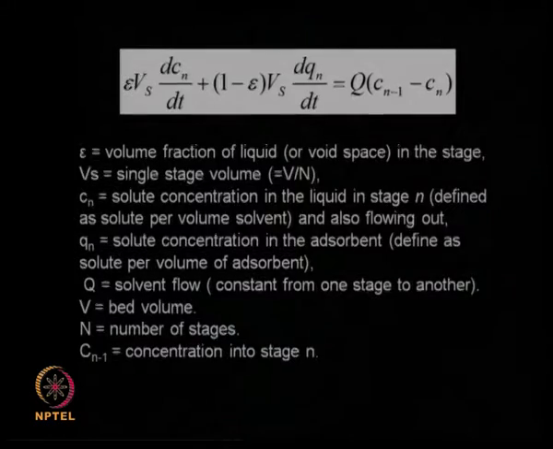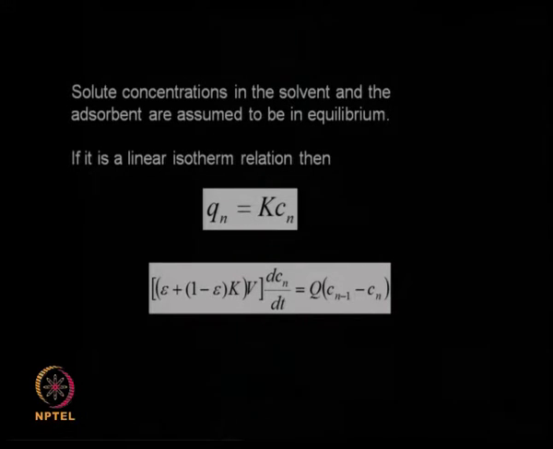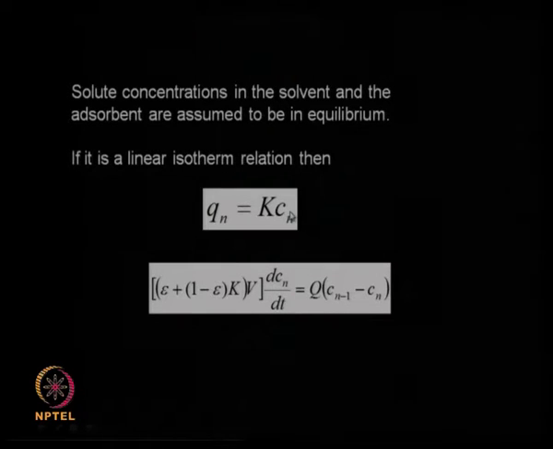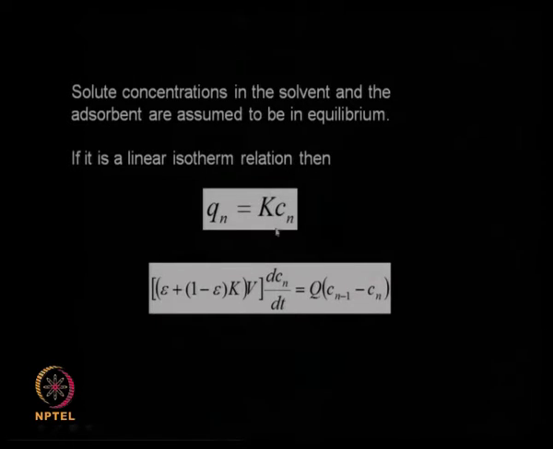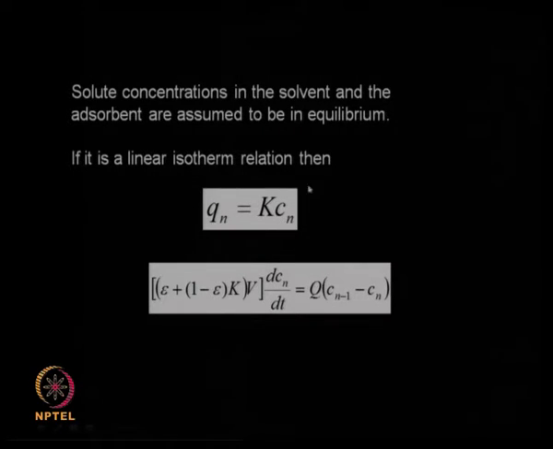So Qn, the concentration of the solute that is adsorbed, and Cn, the concentration of the solute in the mobile phase, if they are in equilibrium, are related as a linear isotherm relation. We can have a non-linear relationship also, but here we are assuming a linear relation.